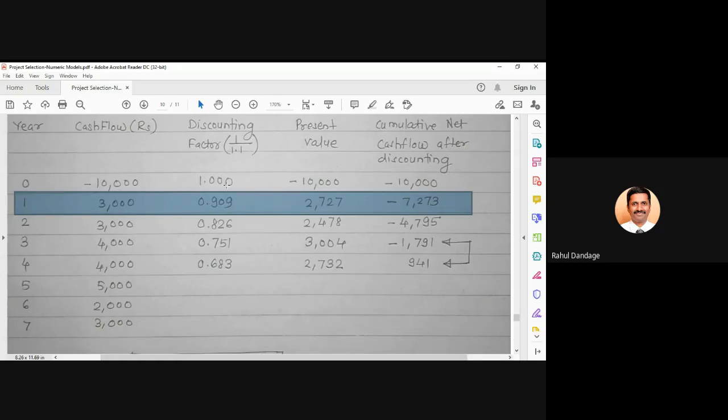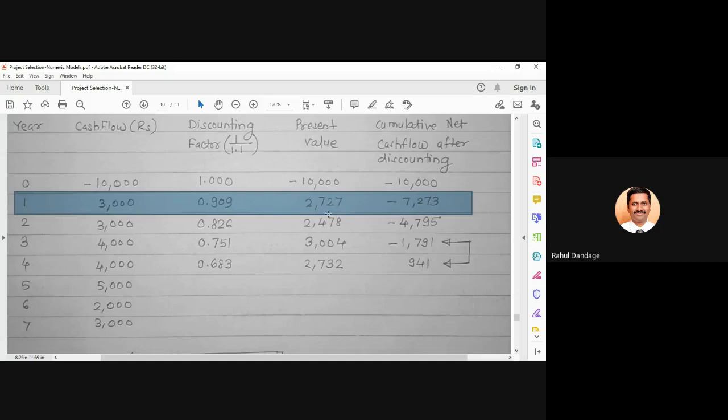So that will give you the next value. So 1 into 1 by 1.1, that is 0.909. Now again, cash flow multiplied by discounting factor, these two should be multiplied. So this will become 2727. 3000 multiplied by 0.909 will give you 2727.